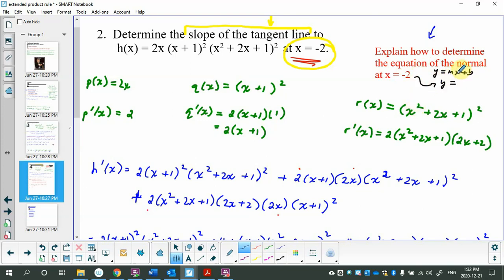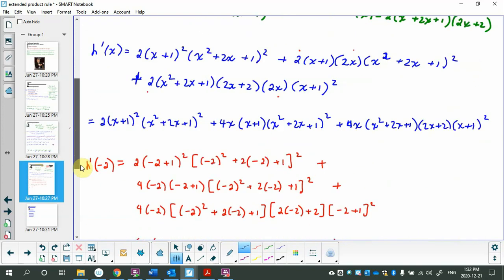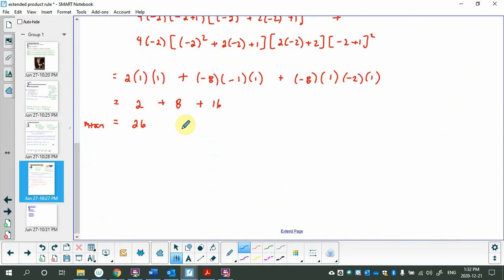And let's go over how to find the slope of the tangent. Sorry, slope of the normal. If I have the slope of the tangent, the slope of the normal is flip that upside down, make it the opposite sign. So then you could start your y equals mx plus b.